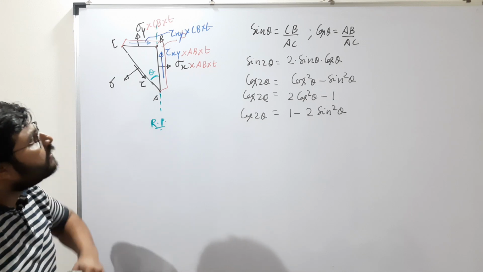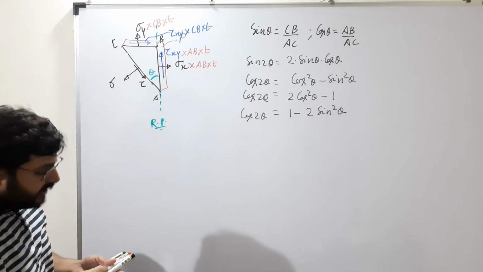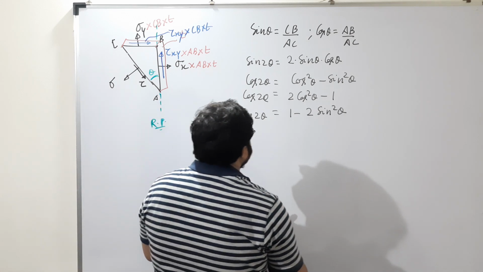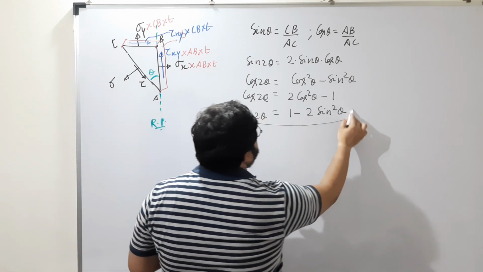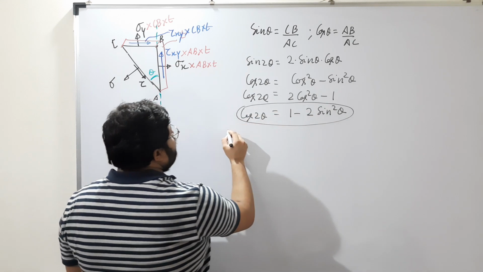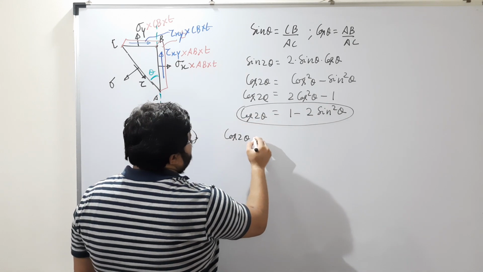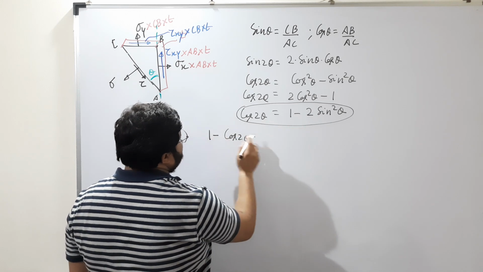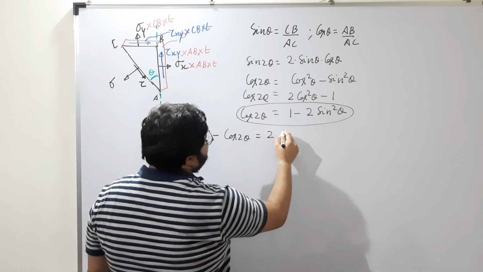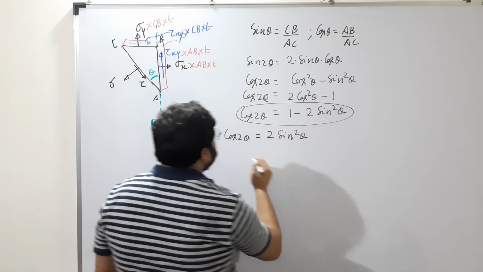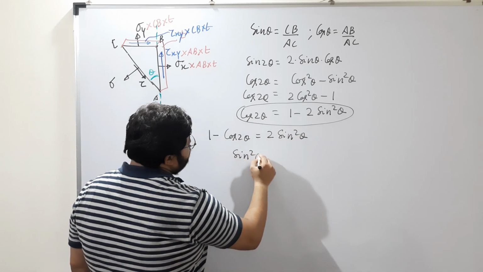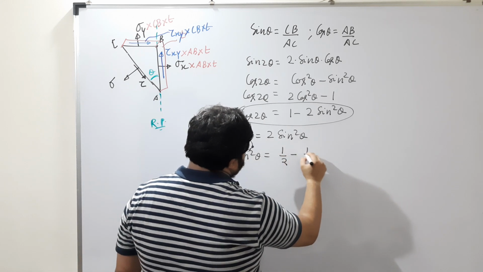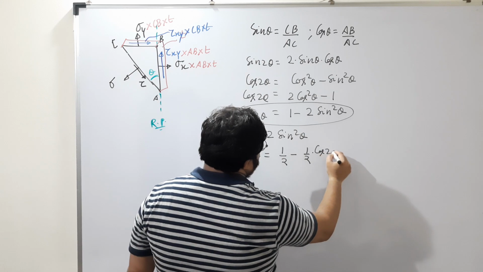And moreover, now suppose if you take up this expression, from here what you will get? Cos 2 theta is this. So that means 1 minus cos 2 theta is equal to 2 sine square theta. So you can write sine square theta can be given as 1 by 2 minus 1 by 2 cos 2 theta.